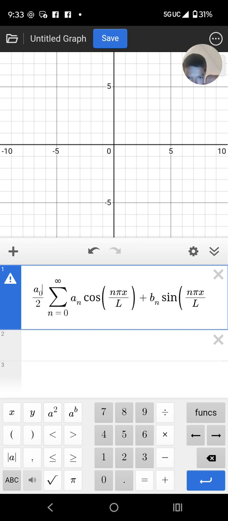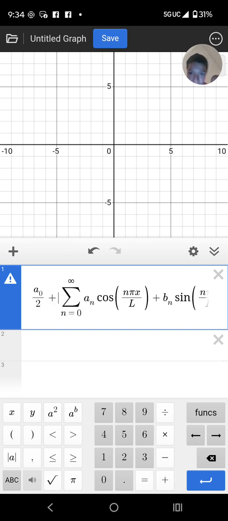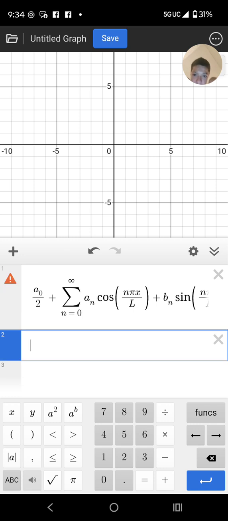And now we need a plus. So that's a Fourier series, right?